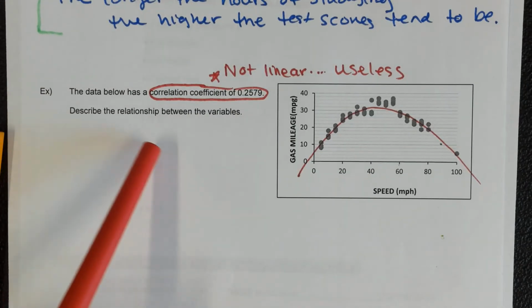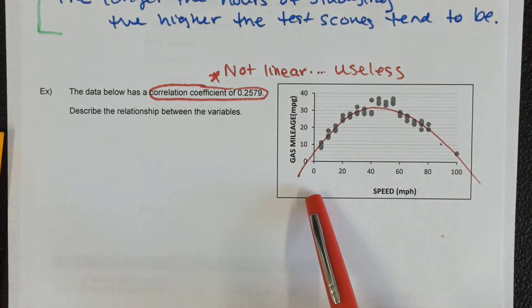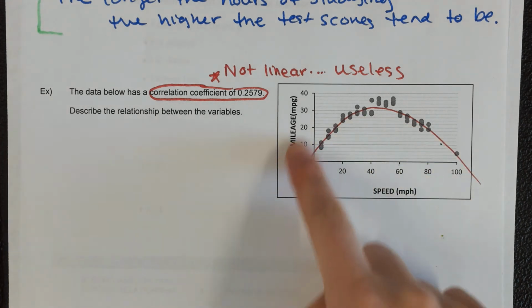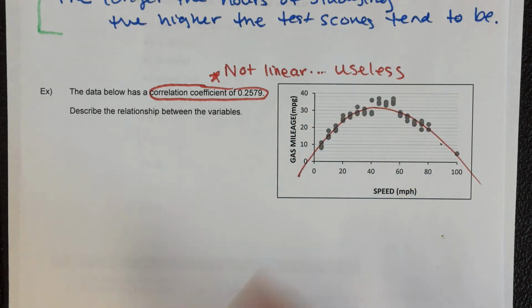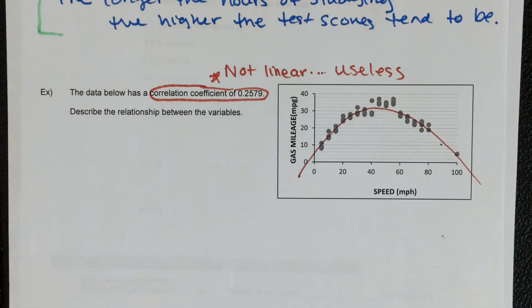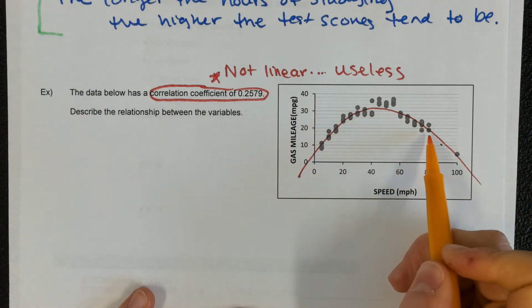Okay, so below we got this data. We have speed and gas mileage. Okay, so let's look at this. To me this appears to be curved. That's the form. I have a curved form. It seems pretty strong. I can clearly see that arch. And this little point over here, he's not really with the rest of them, right? Do you notice that? All the other ones are clumped, and there seems to be a gap.